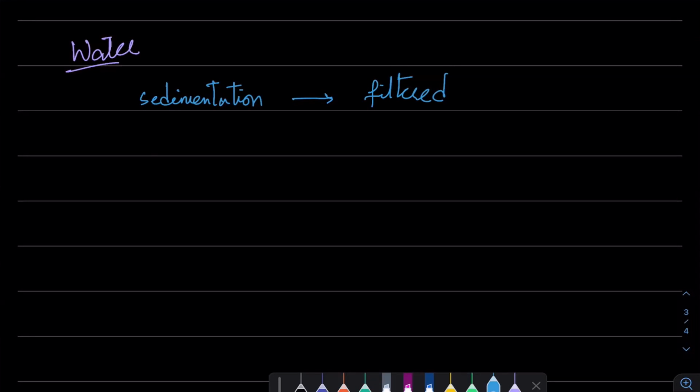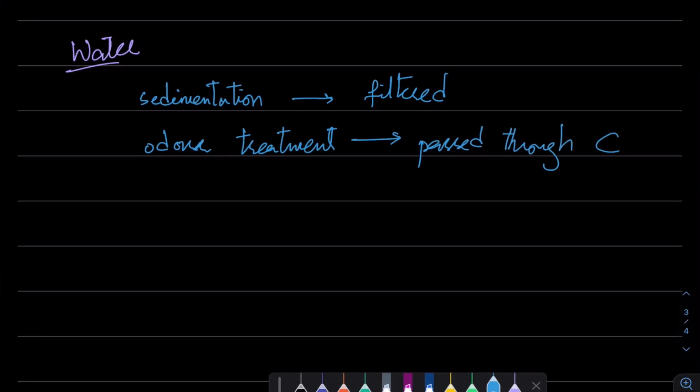Second step is we treat it for odor. So odor treatment के लिए we pass it through carbon. Okay, so passed through carbon. And the third one is that once odor is cleared out, we do disinfection. And disinfection is that you add a small amount of chlorine to kill the microbes, and that kills it.